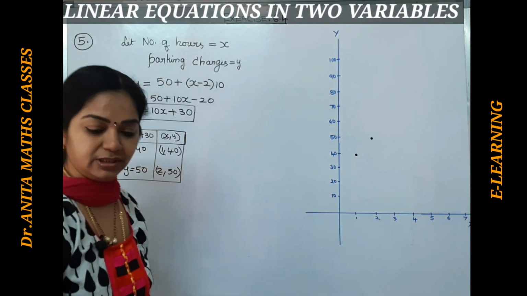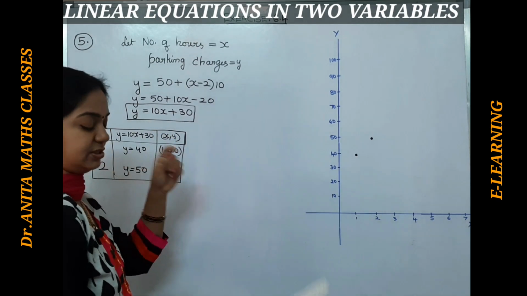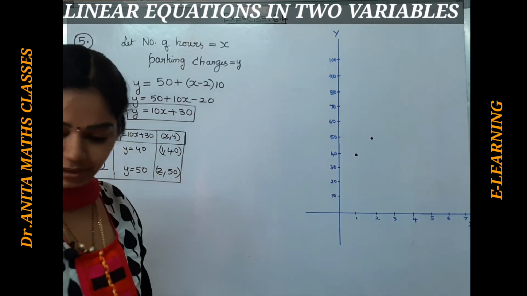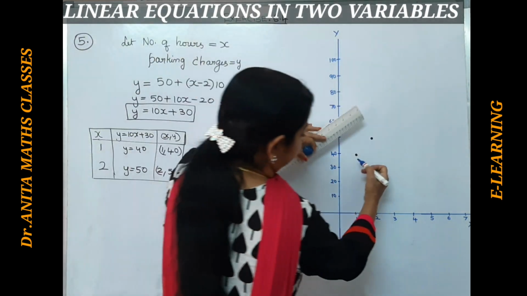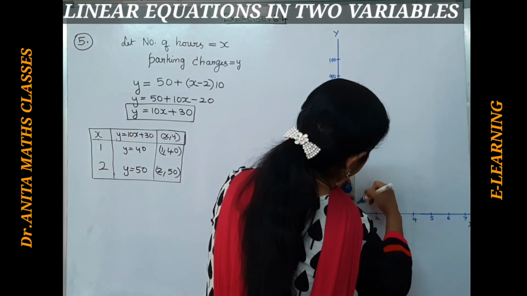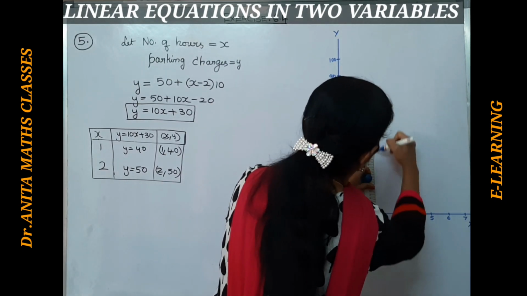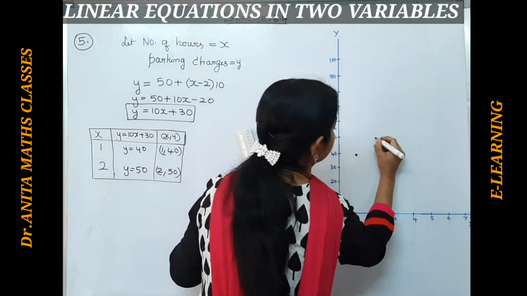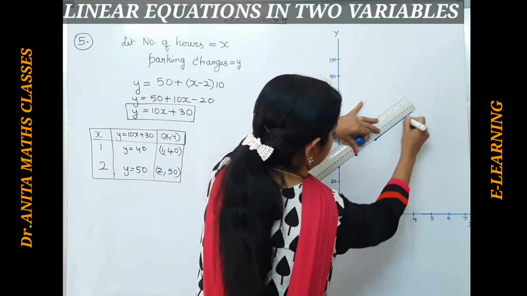These 2 points, if you join them, give you the linear equation for this situation. Let me join it. This is exactly (1, 40) and (2, 50). So these 2 are the points.